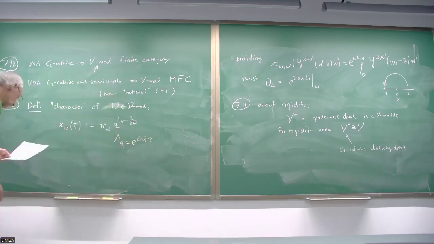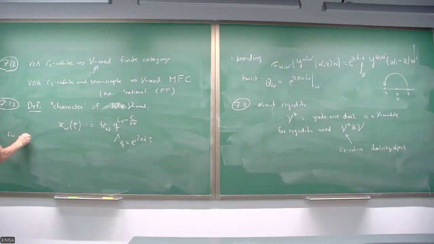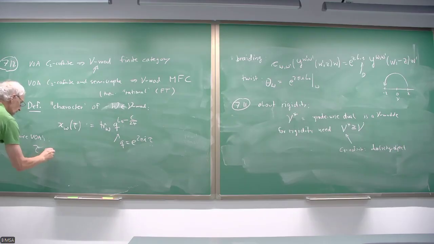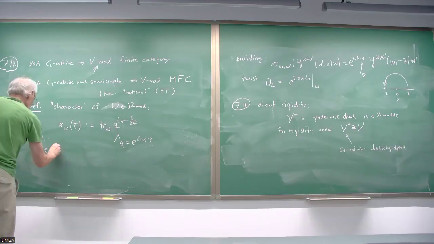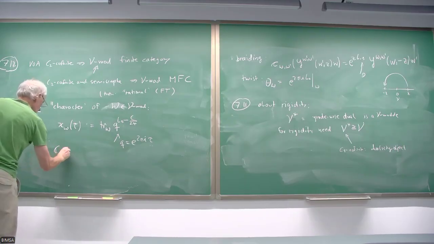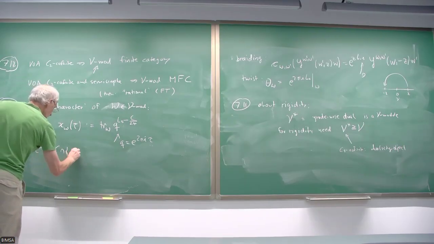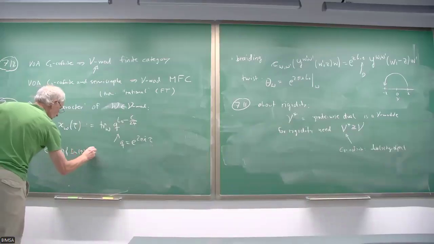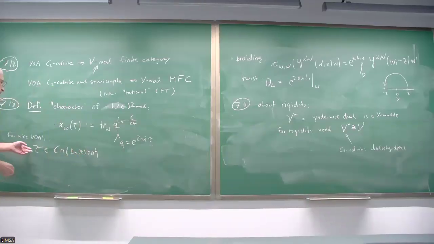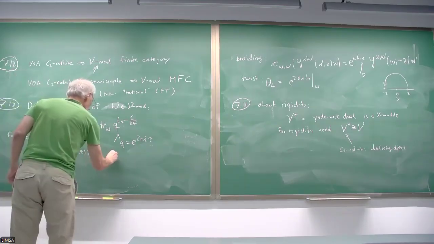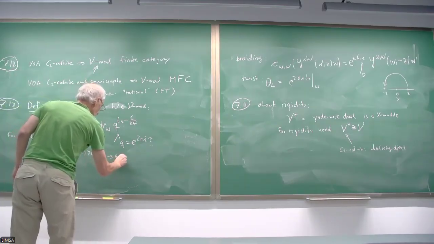In the first place, this is a formal variable, but then for suitably nice VOAs, I can take the tau to be a complex number in the upper half plane, and get a convergent power series.